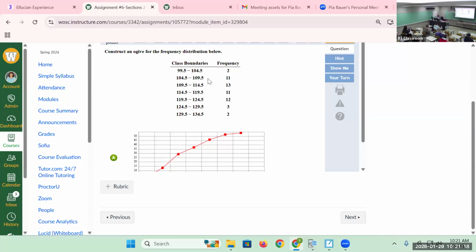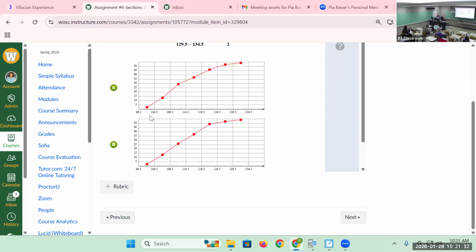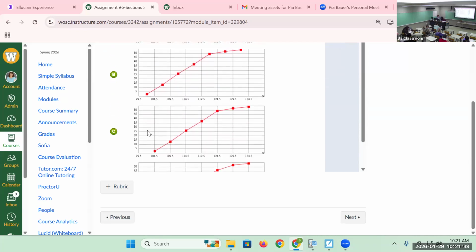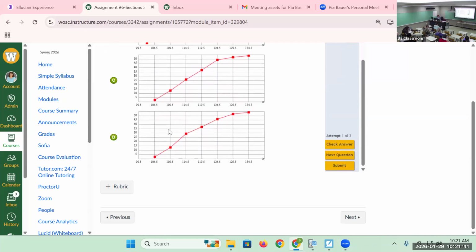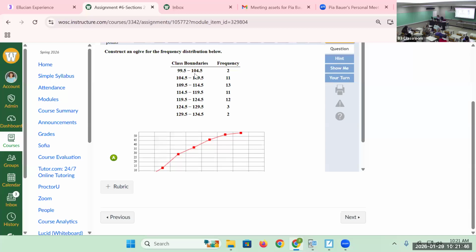Okay, so remember what I said, that you use the upper class boundaries. So that means that the first little line should start with 99.5. That doesn't look like it's 99.5, so I couldn't use A. That one doesn't work. But that was actually my lower limit. So it should be 104.5, the upper boundary.